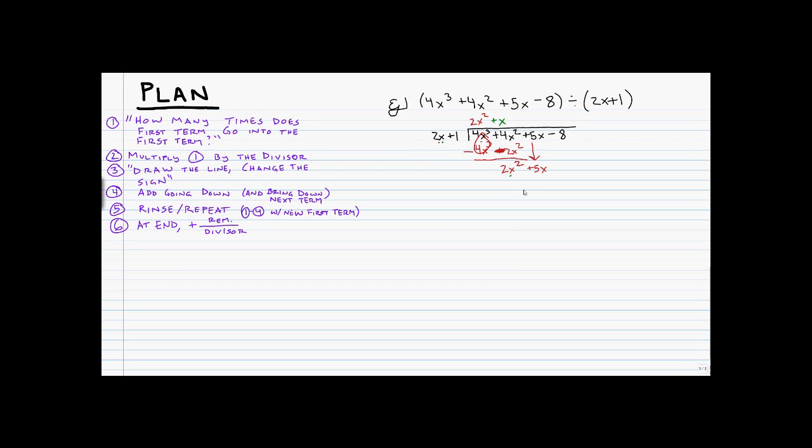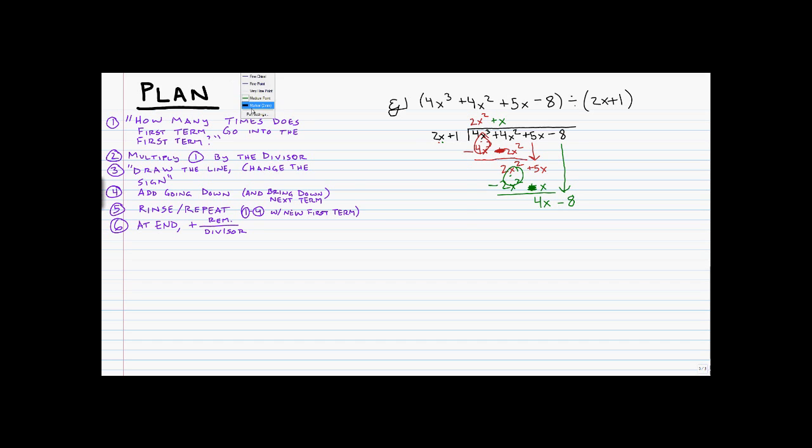Okay, so x times 2x is going to be 2x squared, and x times 1 is going to be plus 1x, or plus x. Draw the line, change the signs. And again, same problem. So 2x squared minus 2x squared, 0. 5x minus x is going to be 4x. And then again, we're going to bring down the minus 8, that next term.